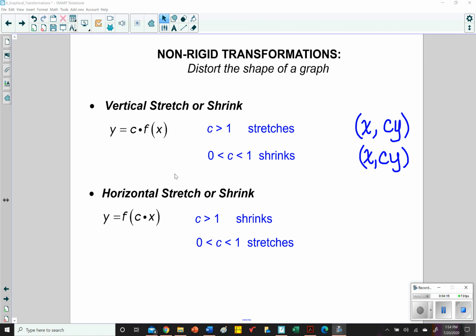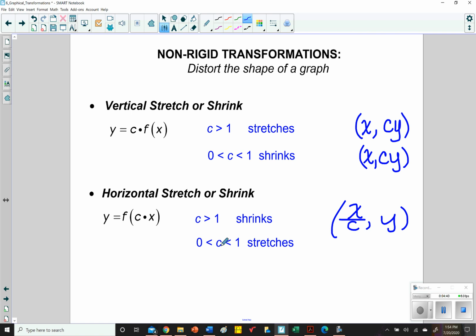Now, if the factor is on the inside of the argument and the c number is greater than 1, that's going to horizontally shrink your graph by a factor of 1 over c. So what you want to do is you want to divide your x values by that factor.